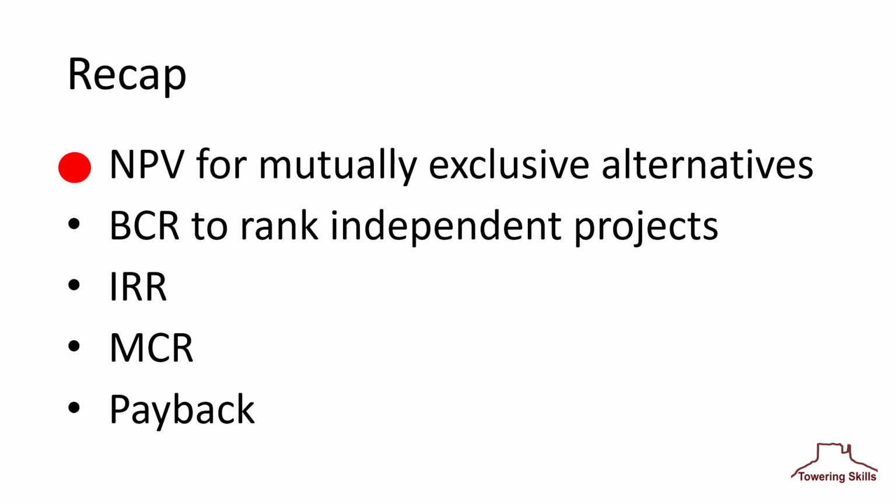The net present value provides the means to select the best mutually exclusive alternative, while the benefit cost ratio presents a gauge to rank your project against other independent projects. The internal rate of return, maximum capital at risk, and payback provide other valuable information to help measure a project's potential and to measure its performance.